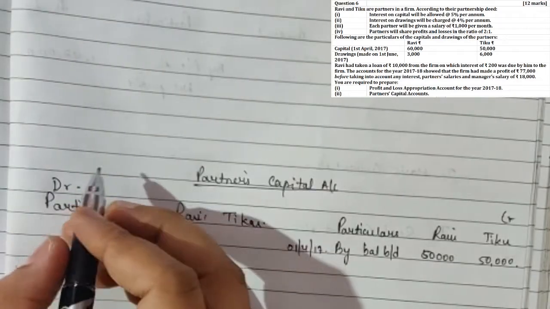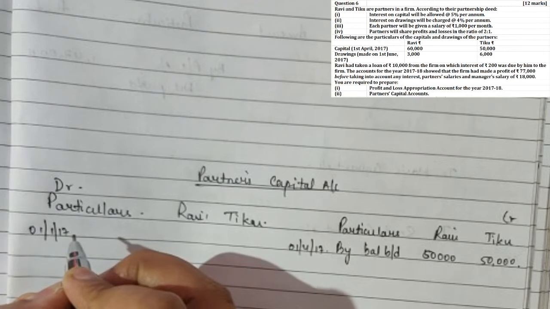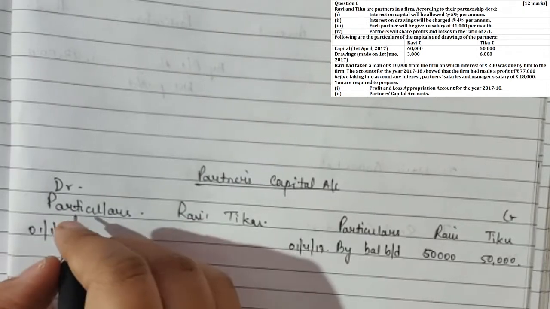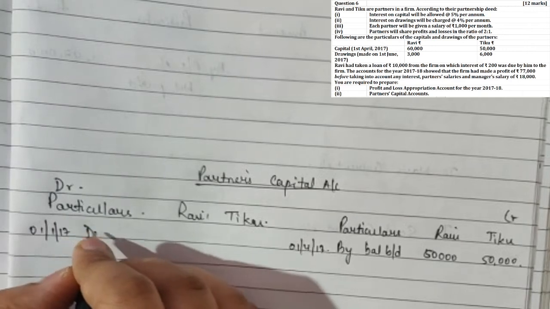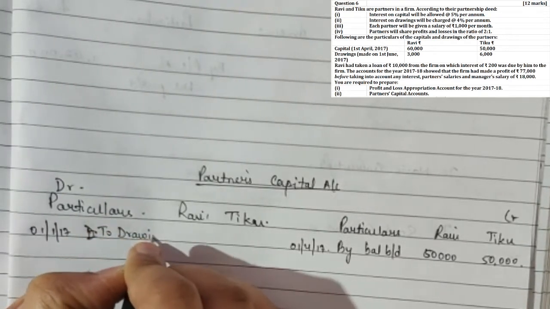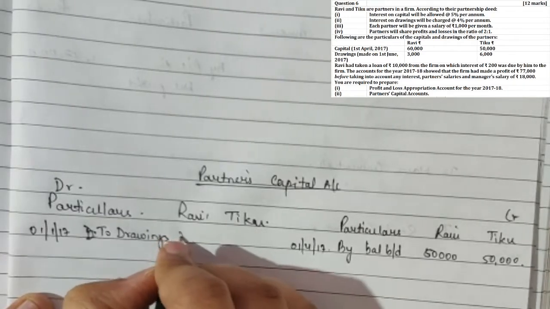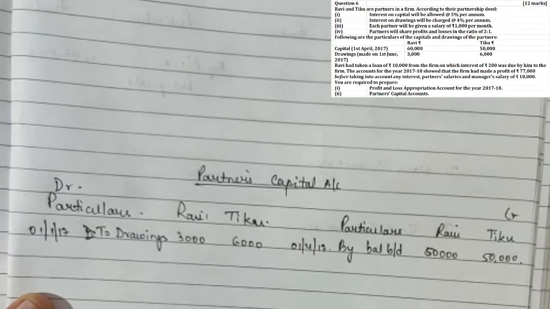Then, on 1st June 2017, Ravi had made drawings of 3,000 rupees. So, to drawings, 3,000 for Ravi and 6,000 for Tiku.